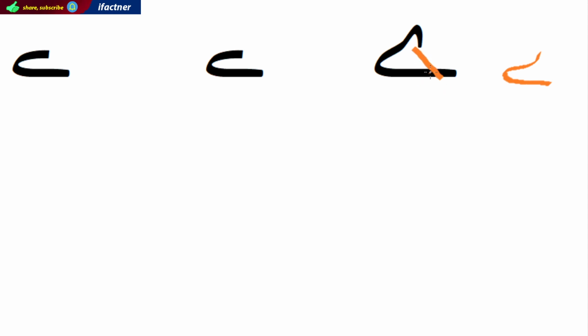No word starts with it, so we don't need to think about how we write it in its initial position. And we have a word, for example, chai. Chai means tea. So let me show you how we write Badi Ye. Che, alif, hamza, and then you write Badi Ye, chai.